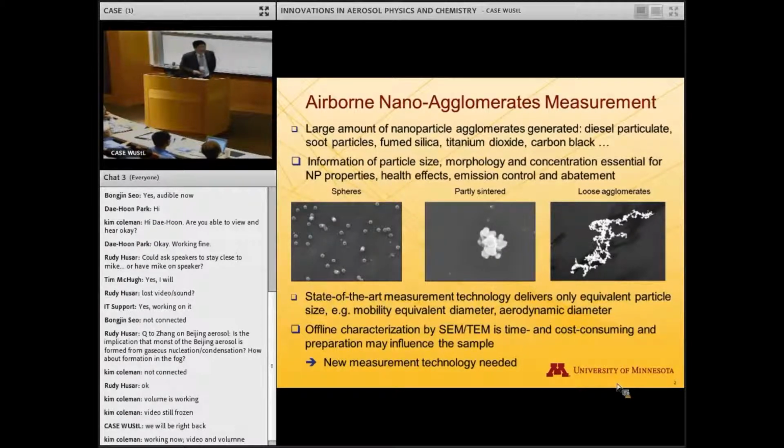Most of the state-of-the-art measurement technologies deliver only the equivalent sphere mobility or aerodynamic diameter. However, we all know that most real-life particles are loose agglomerates, particularly diesel and engineered nanoparticles, so there is a need to develop techniques for measuring this type of nanoparticle.